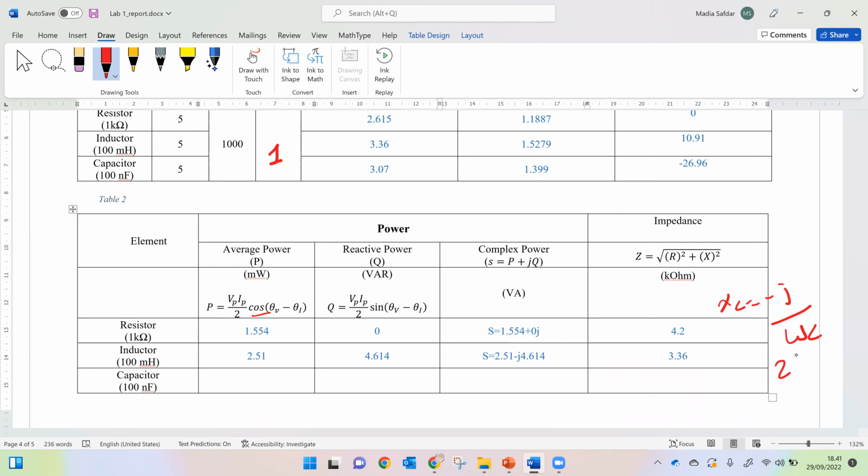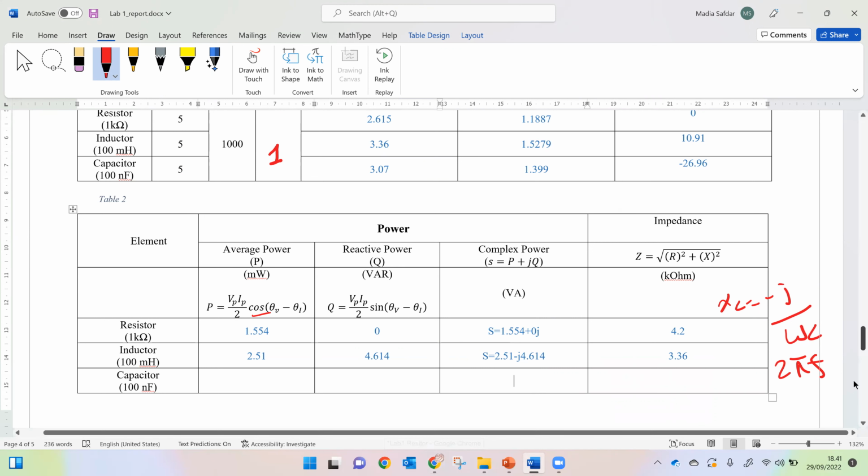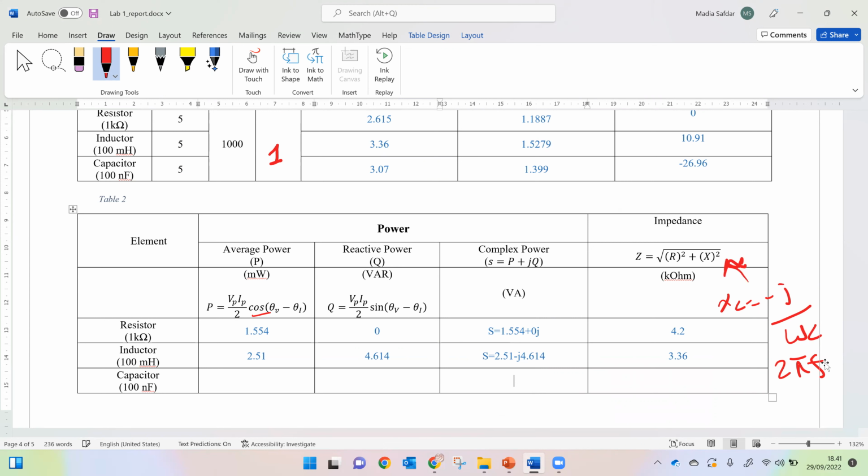Omega is equal to 2 pi f, and C is 100 nanofarad. You will put in the values and then you will get X. You will put that here, add the resistor, and then write the value here. Similarly, you will plug values in this formula, these values with this angle, and you will just write here the value of S.